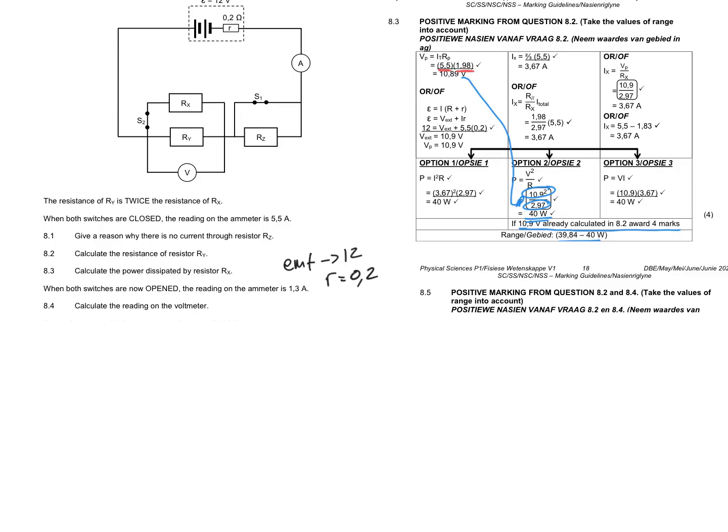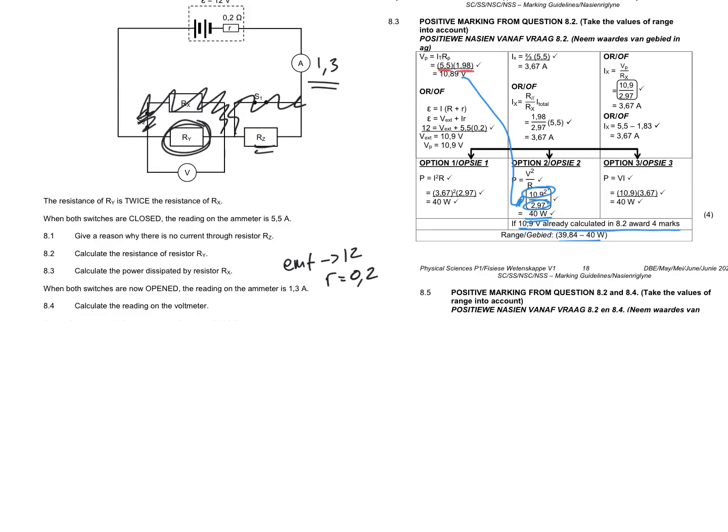However, the ammeter reading is now 1.3. The resistance of these things will still be the same. But opening the switches has essentially removed Rx and added Rz. So the resistance of Ry will be the same. We don't know what the resistance of Rz is, but we do know what the current is.